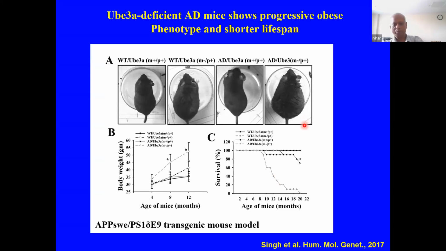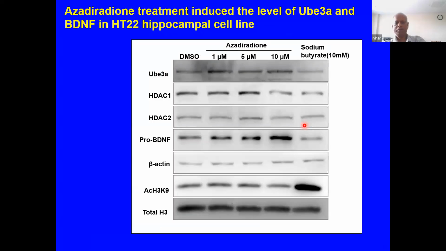All right. So with this, we can think: if Ube3a is involved in the clearance of mutant Huntingtin or abnormal proteostasis proteins, how can you rescue the process? Can you reverse the process?